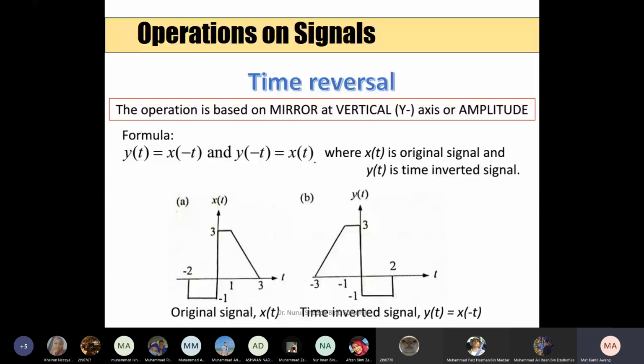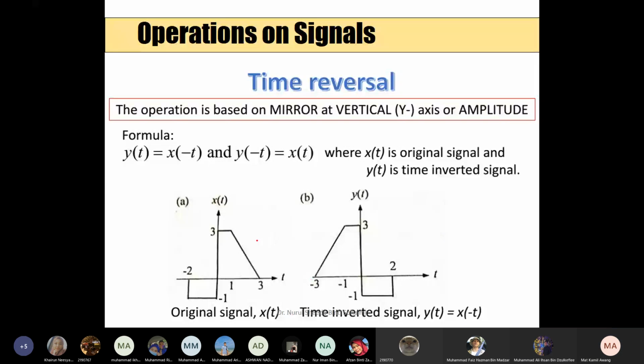So let's say this is the same signal that we used before. This is the original signal. Then the time inverted signal is where you make the time negative, x of minus t.